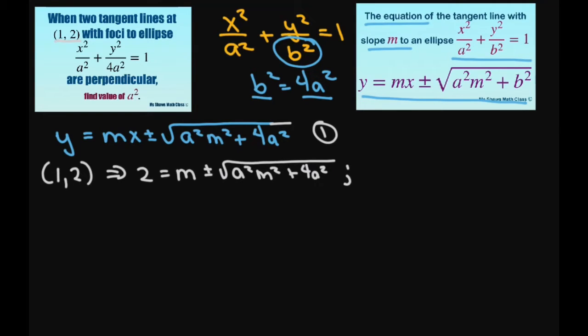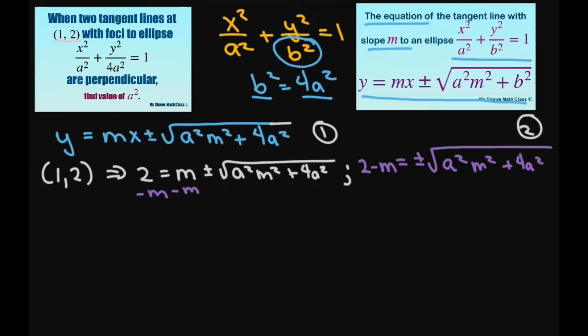I'm also going to subtract m from both sides and rewrite this as 2 minus m equals plus or minus the square root of a squared times m squared plus 4a squared. And I'll call this equation 2.